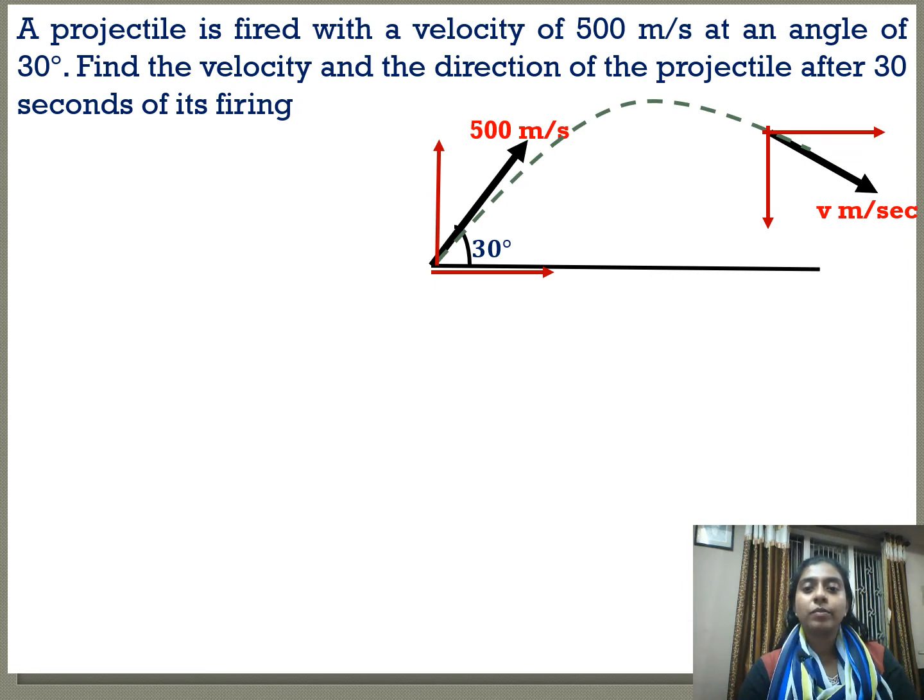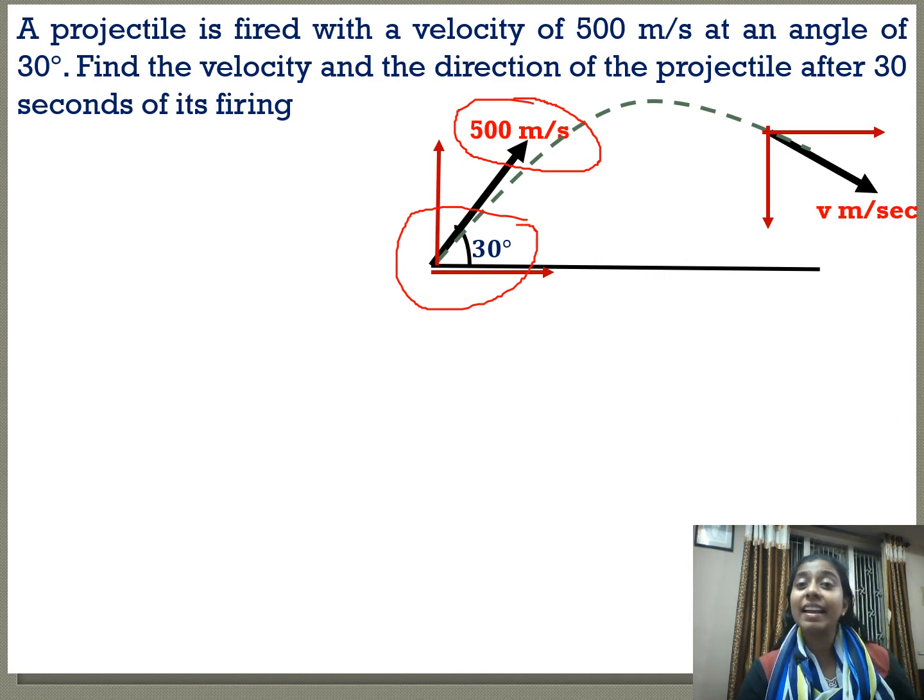So we can see the projectile motion: this object is projected with a velocity of 500 meter per second and the angle of projection is 30 degrees. We are asked to find the velocity and the direction of the projectile after 30 seconds of firing.